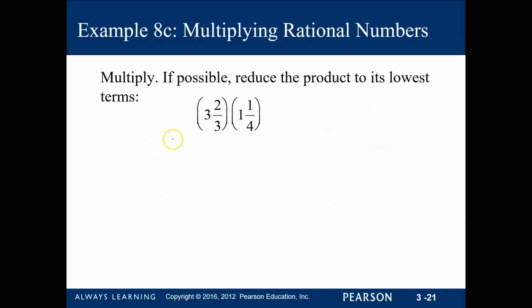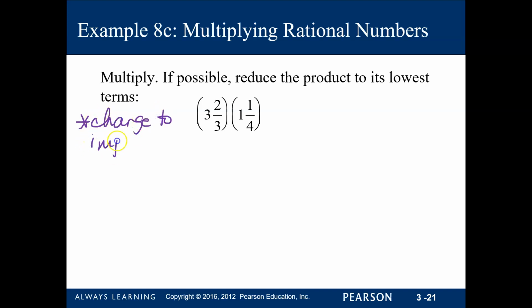Now in this case, we have a mixed number multiplied by another mixed number. So our rule in multiplying fractions is we simply multiply the numerators, multiply the denominators. In this case, there are whole numbers involved, so before we do the multiplications, we need to change to improper fractions first.